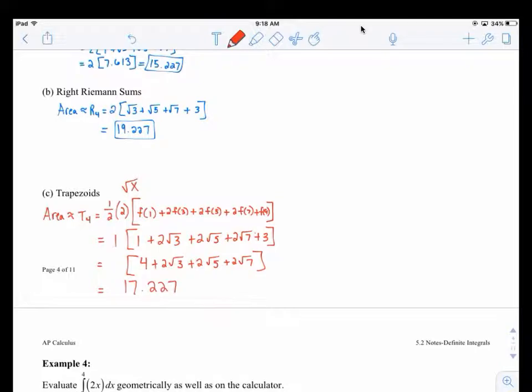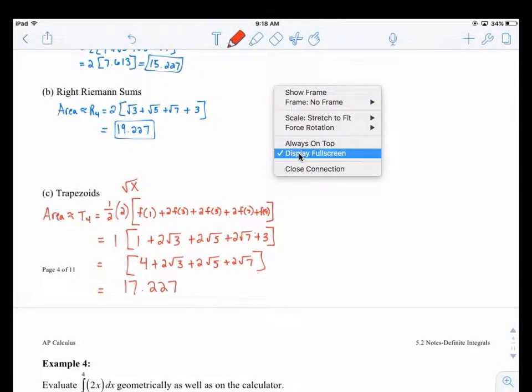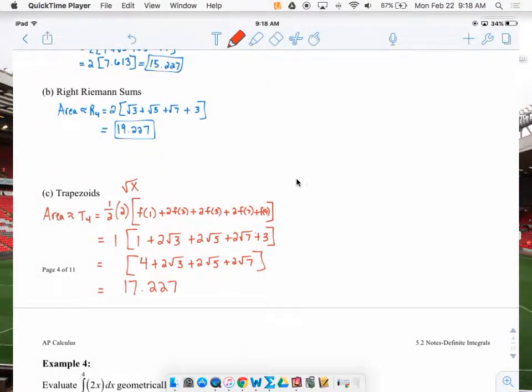Okay. All right, so do it on your calculator now to get the exact answer. So that would be math 9.